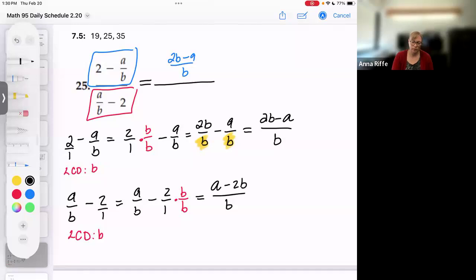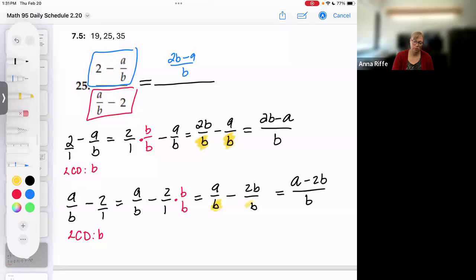Oh, I skipped a step. I should go ahead and show this step. This becomes a over b minus 2b over b. There we go. Here, the terms have the same denominator, which results in a minus 2b over b, and I am actually going to go one more step, but I'll show you why.